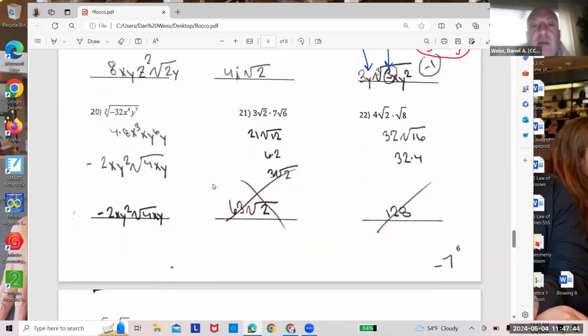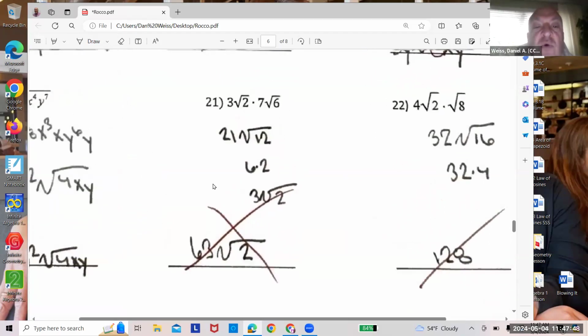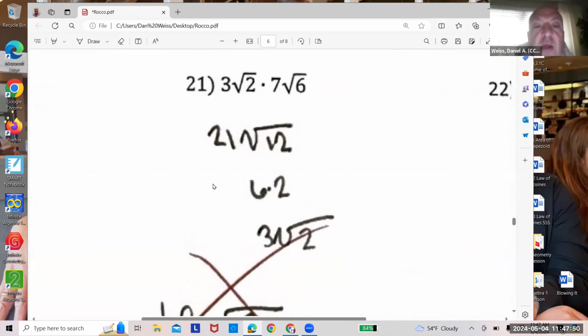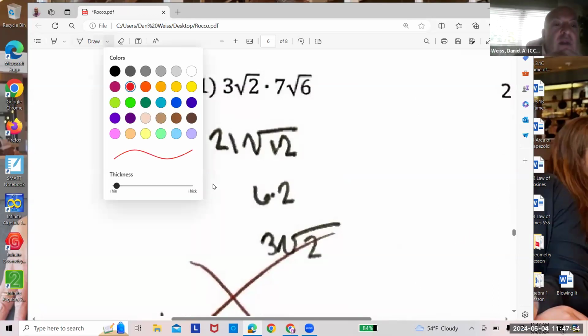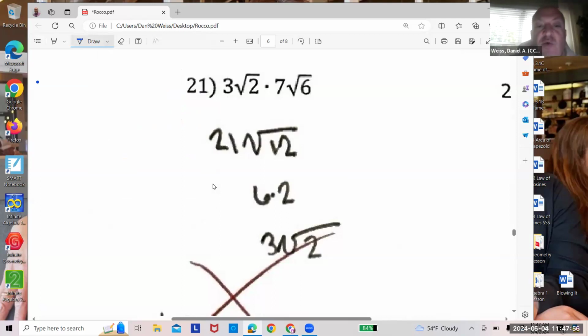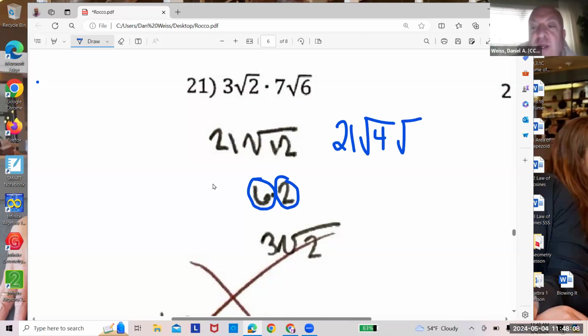Right. Let's see what we got here. Okay, so in this one here, all right, this is good. This 21 square root of 12, but neither 6 nor 2 are perfect squares. You have to do 21 square root of 4 square root of 3 because 4 is a perfect square.